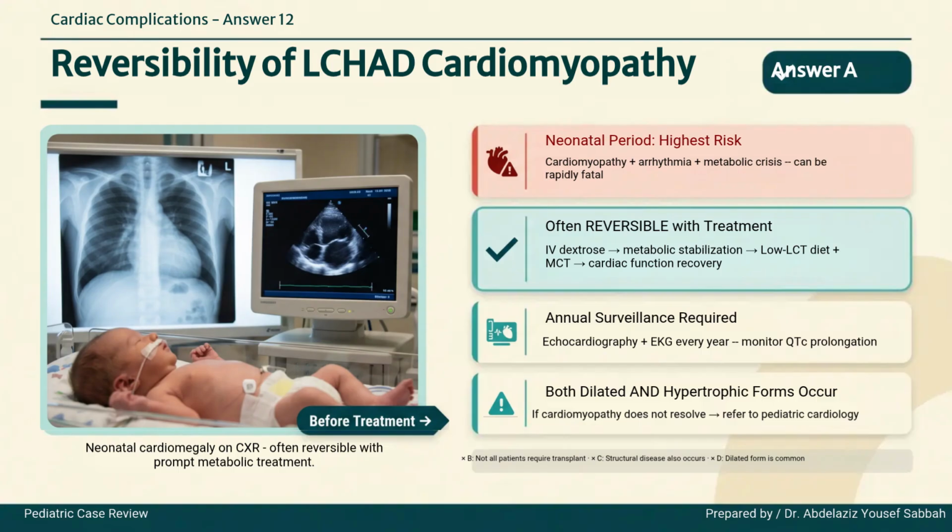Annual surveillance is required, with echocardiography and an electrocardiogram every year, partly to monitor the corrected QT interval. Both dilated and hypertrophic forms of cardiomyopathy can occur, and if the cardiomyopathy does not resolve, referral to pediatric cardiology is appropriate. Option B overstates the prognosis, since not all patients need transplantation.